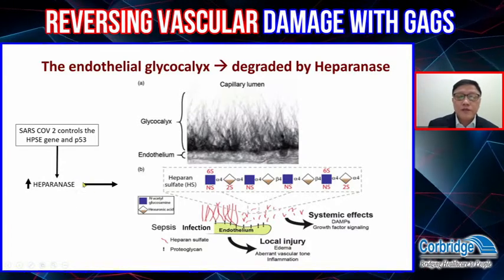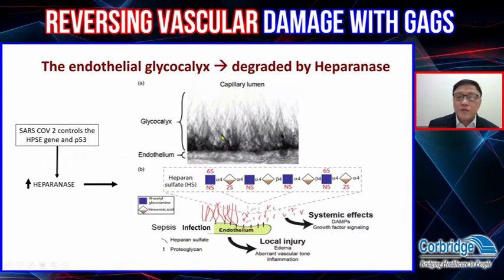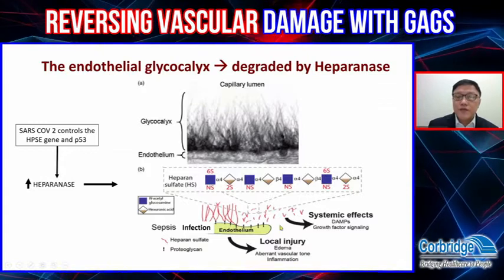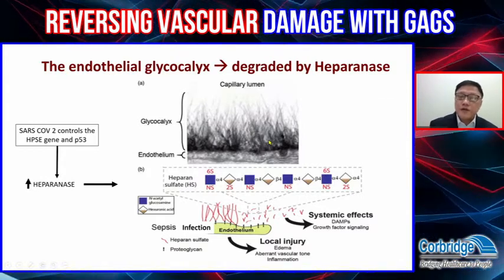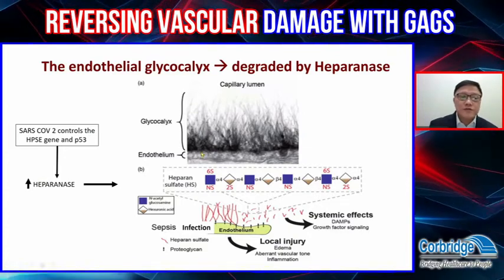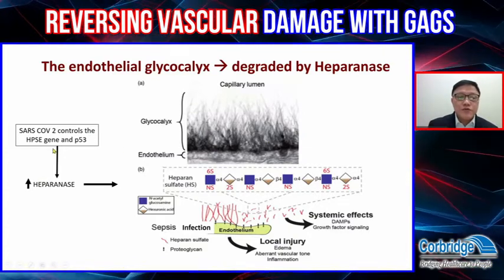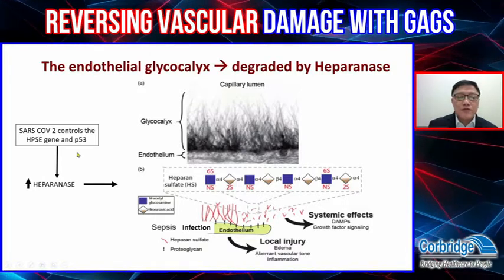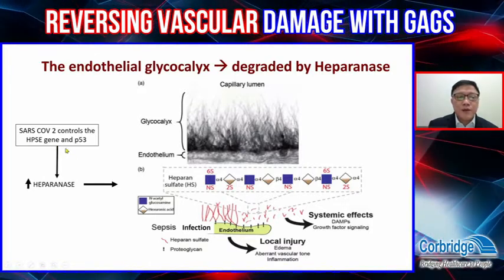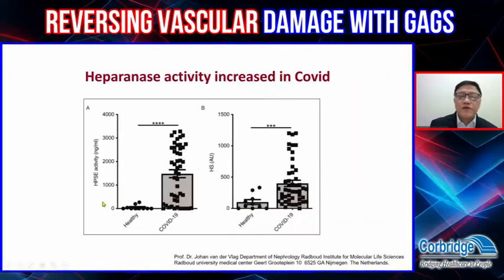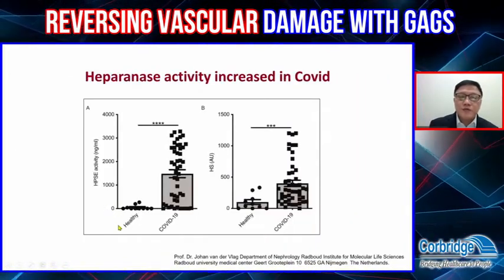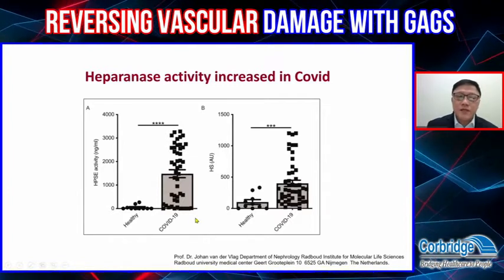And when the heparinase has increased activity, it will degrade the glycocalyx, which is already damaged in people with risk factors for cardiovascular disease. Now, the SARS-CoV-2 can penetrate the nucleus and take over the heparinase gene and the p53, causing an increased activity of heparinase, just like what is depicted in this diagram.